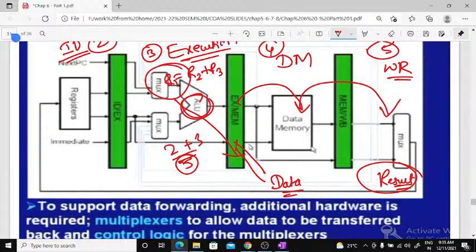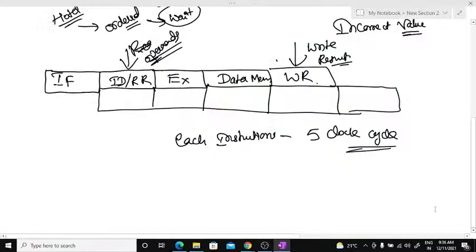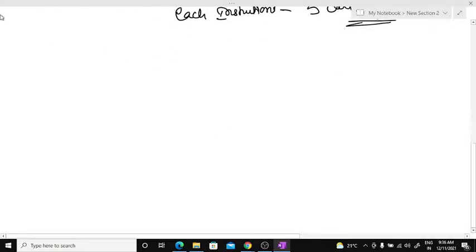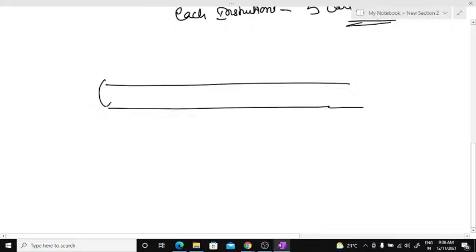So by adding the extra hardware and fetching, it is like, suppose it is a pipeline, a water pipeline. Okay, so this is a water pipeline.